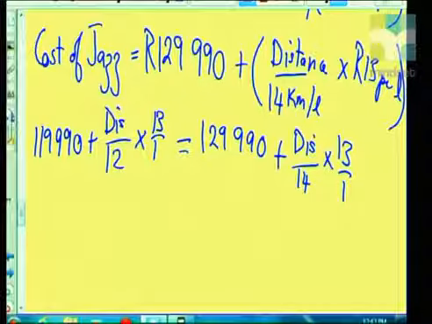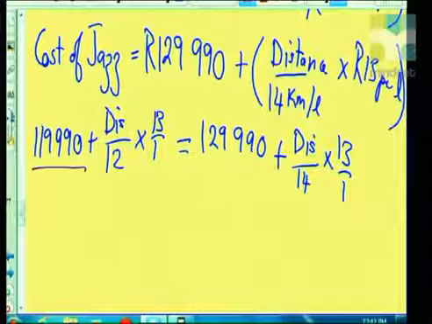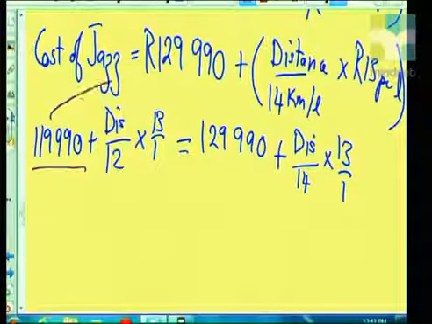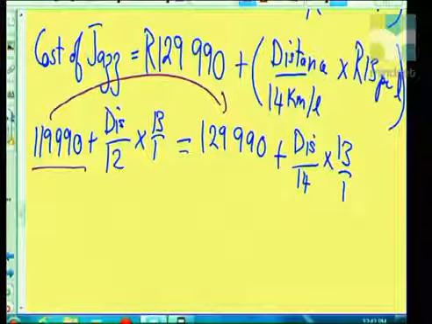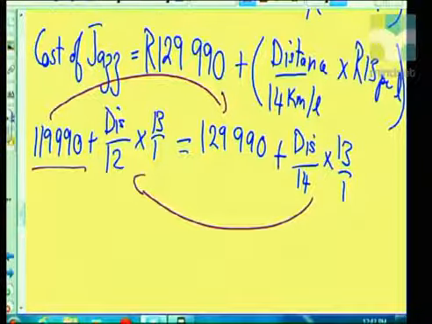I'm going to first of all subtract, show you what I'm going to do. I'm going to subtract from this side the 119,990 from this side. I'm going to subtract it from there. I'm going to take this and I'm going to subtract that from there. And what will I get left with?